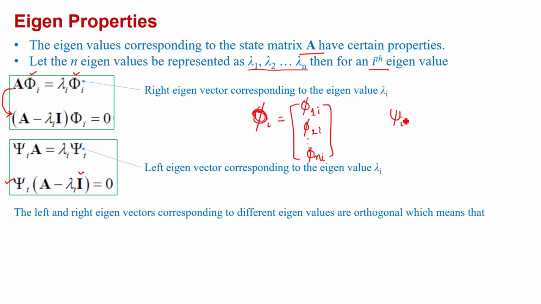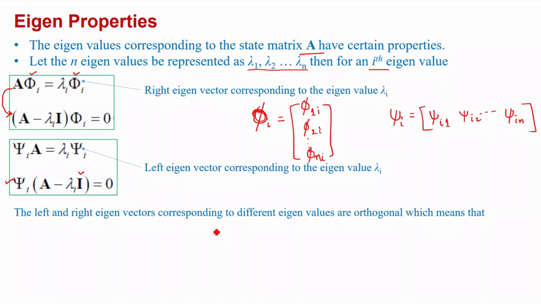Similarly, the left eigenvector is a row vector. The left eigenvector corresponding to the ith eigenvalue will have the elements psi i1, psi i2, up to psi in. This is your left eigenvector.